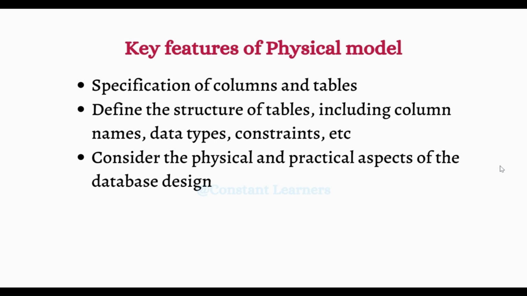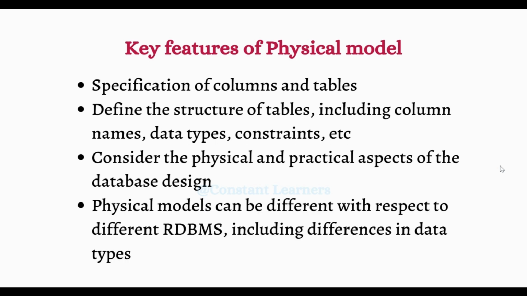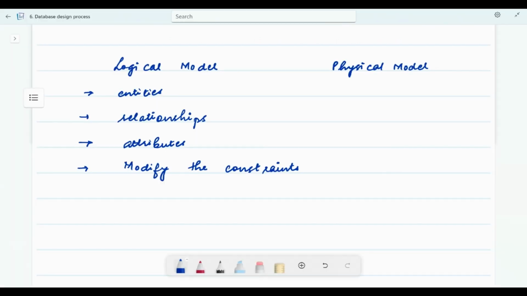All right. Then physical models can be different with respect to different relational database management systems that we are using, including the differences in data types. So it all depends on which RDBMS we are using. Now, what happens when the logical model is converted, or the physical model is built?